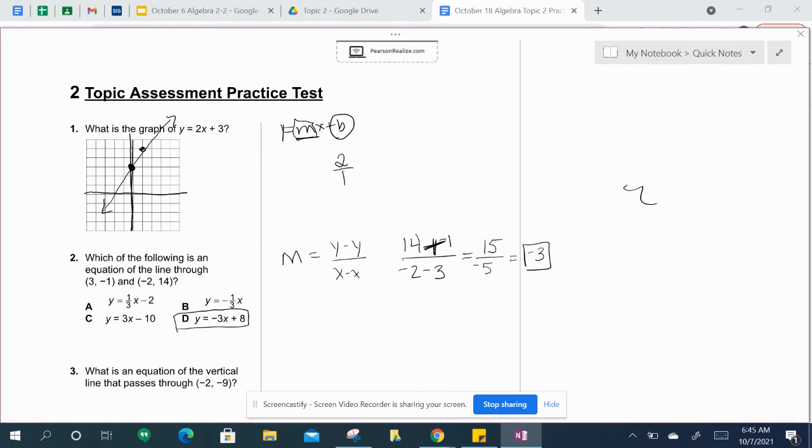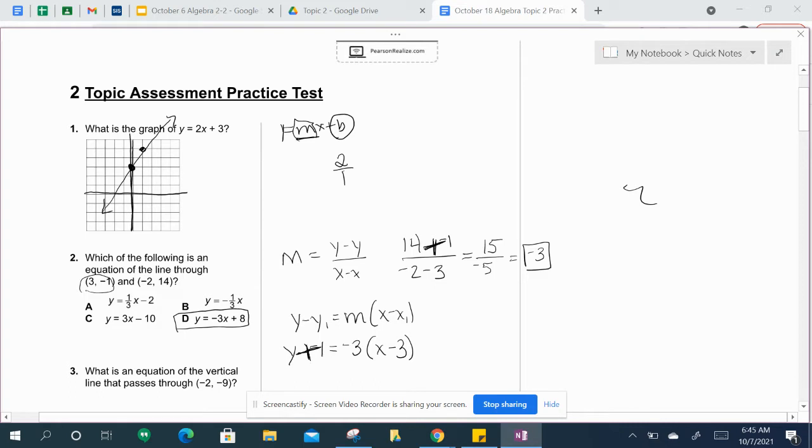But if you're a cautious person, you can continue to finish out this equation by now using point slope formula. So y minus y1 equals m times x minus x1. So in this case, I'm going to choose the point (3, -1). So y minus a -1 is equal to -3 times x minus 3.